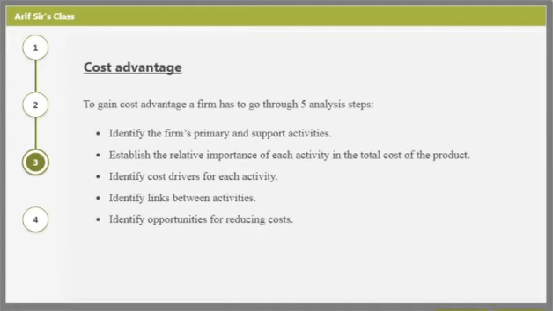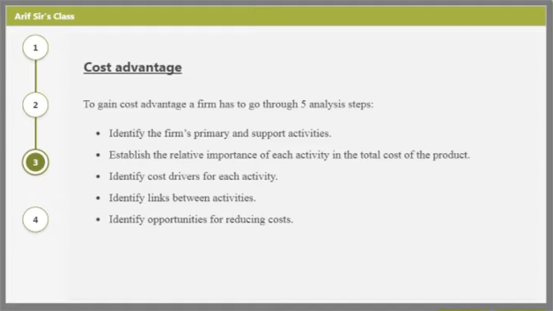Now, how can a firm gain its cost advantage in value chain analysis? To gain cost advantage, a firm has to go through a 5-step analysis. The first is to identify the firm's primary and support activities. The second step is to establish the relative importance of each activity in the total cost of the product.